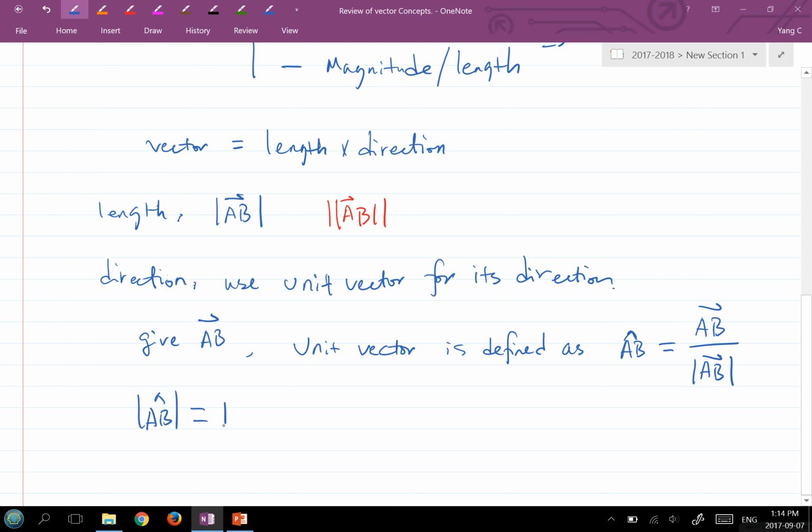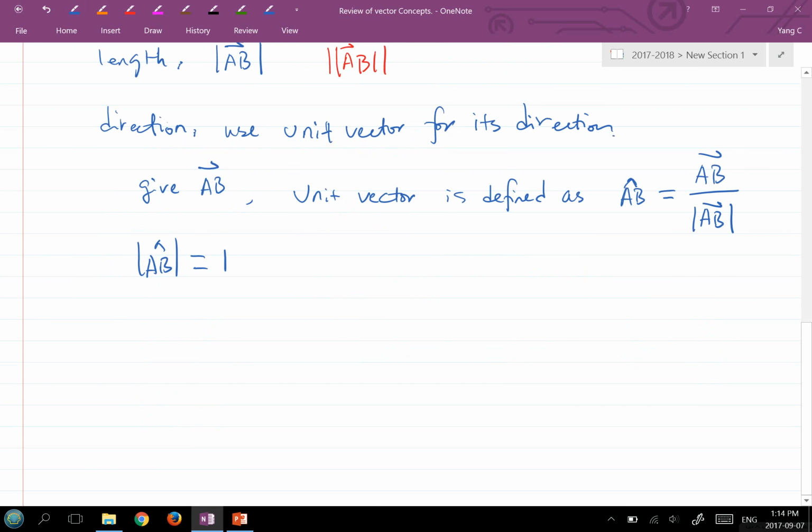And what are the typical unit vectors that we see quite a bit in mathematics in 3D?